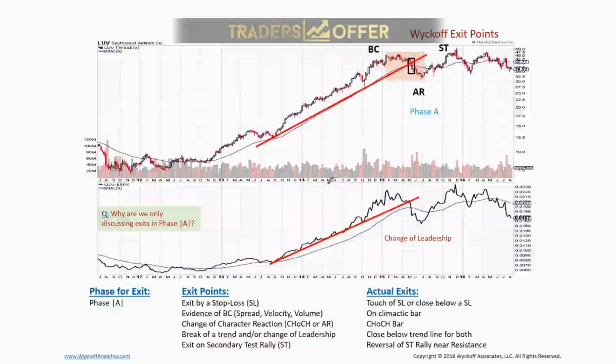And also we are seeing that a break of the trend is happening actually on the change of character bar, which is the biggest bar right here. Supply is coming in, confirming that this indeed is a valid break of the trend and a valid change of character. Then the next point of exit for us is going to be on the way up on this secondary test. This exit here I've created just for the purposes of exiting at a better price.